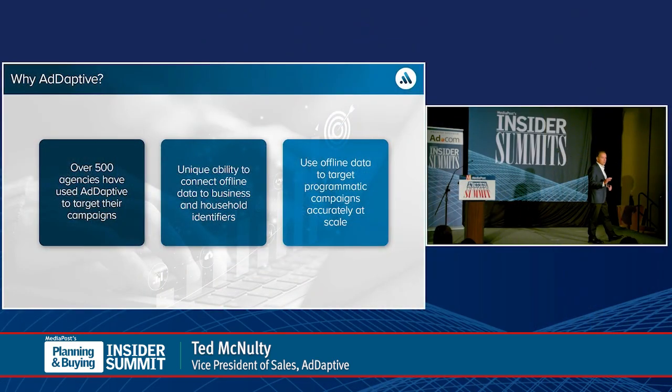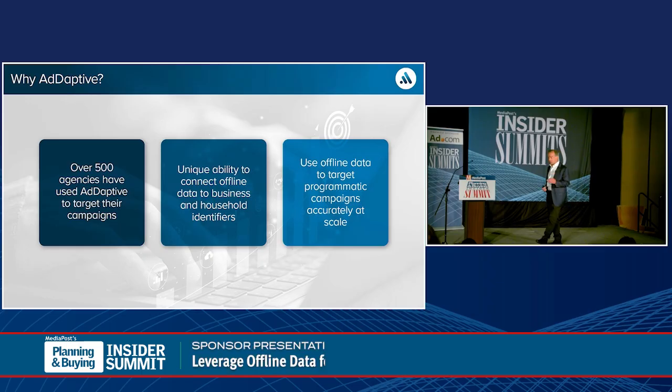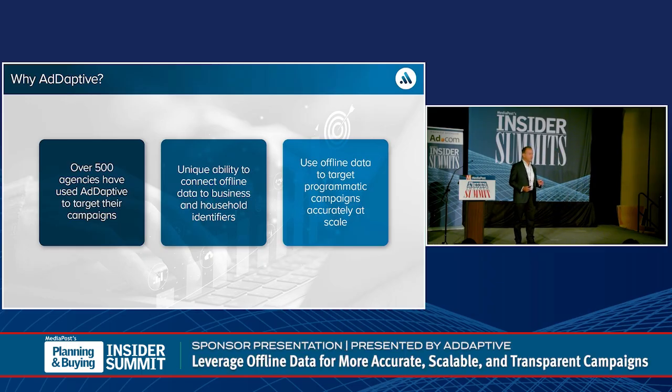The reason why over 500 different brands and agencies have worked with AdDaptive over the years to target their B2B campaigns is because of our unique ability to connect offline data to the IP address for every business in North America so that we can use this offline data to target online campaigns without using cookies.